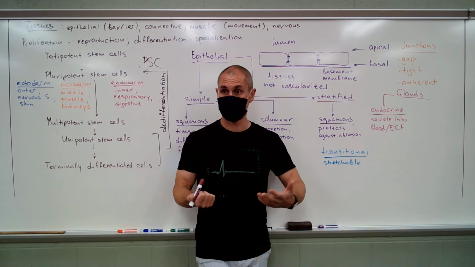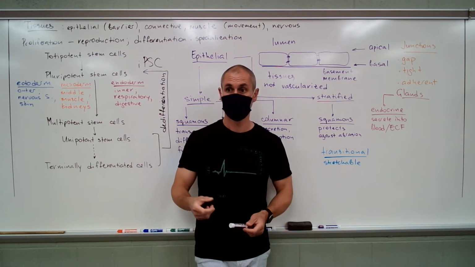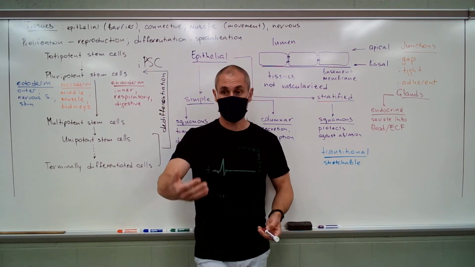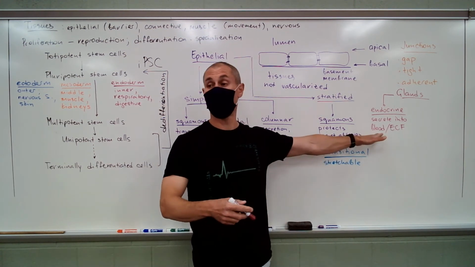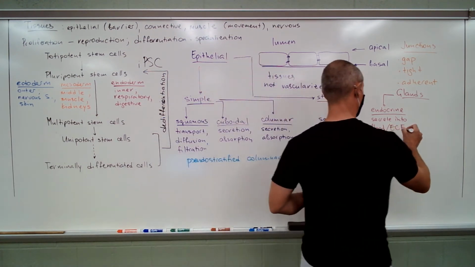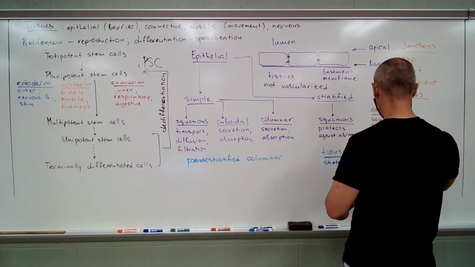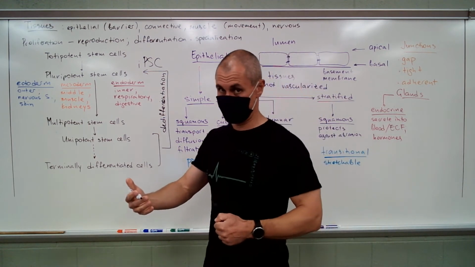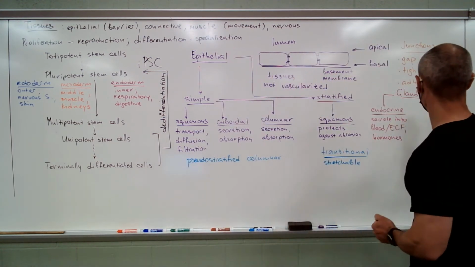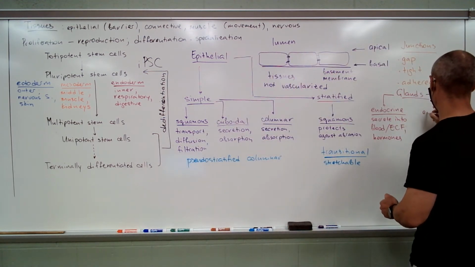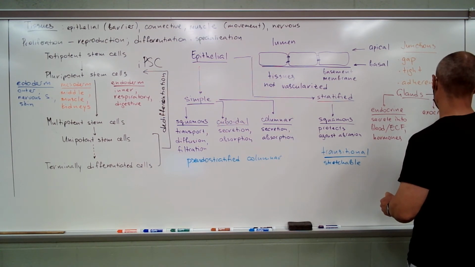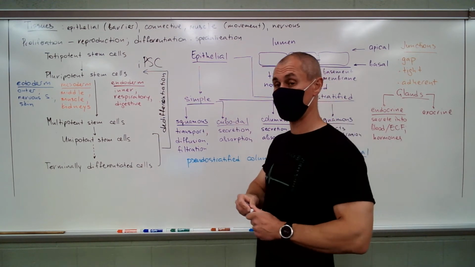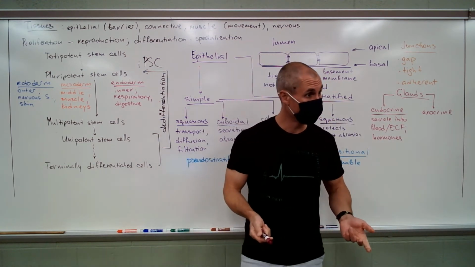Obviously, for ovaries and testes, that's not the only function, right? Like adrenal glands, they release hormones into the blood, and that's important. Exocrine glands do not secrete into the blood. They're still inside.